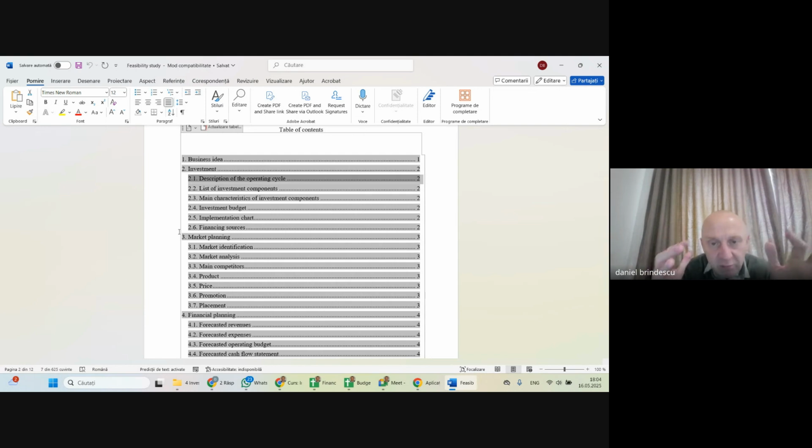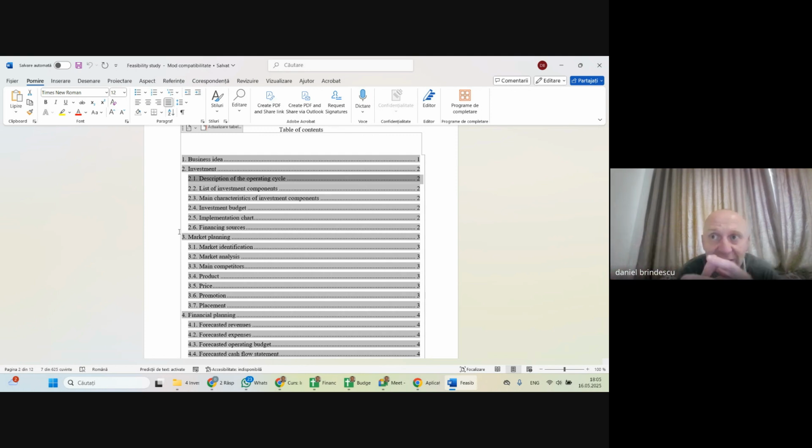And then after, of course, understanding the different operations within our operating cycle, we were able to make a list of fixed assets, infrastructure components that we would need to operate to sustain this activity in the future.